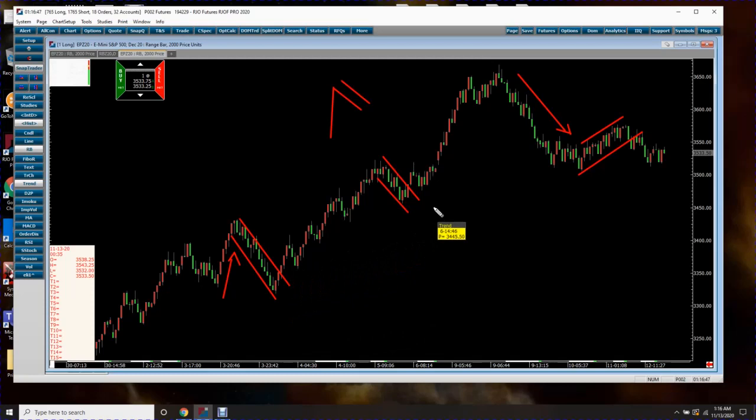So how do you trade it? Look for a buy stop above this range, draw this and anticipate it, and then you could put a sell stop here as protection. I mean, proper money management is key.